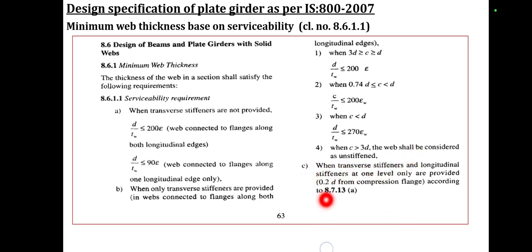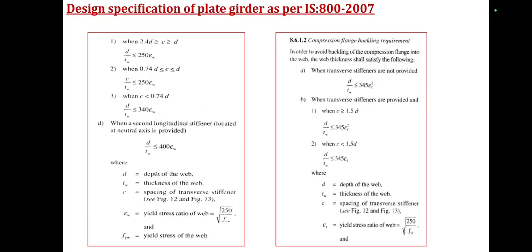The third serviceability requirement is when transverse stiffeners and longitudinal stiffeners at one level only are provided, that is 0.2d from the compression flange, according to clause 8.7.13a. Then when 2.4d is greater than c and c is greater than d, d by tw is less than or equal to 250.